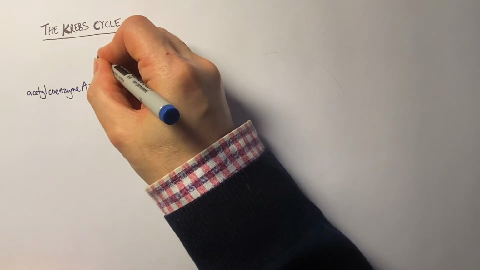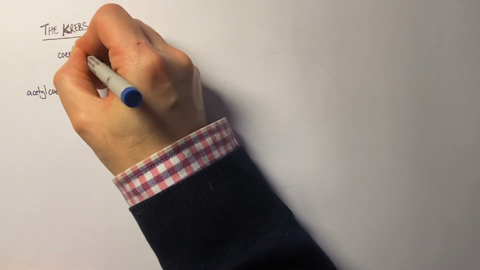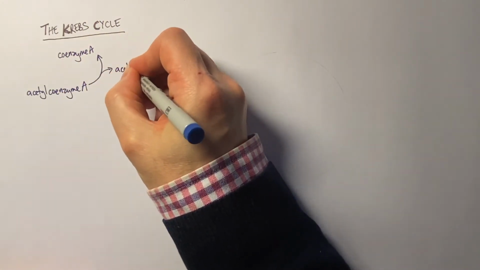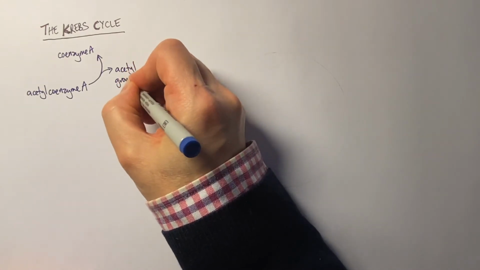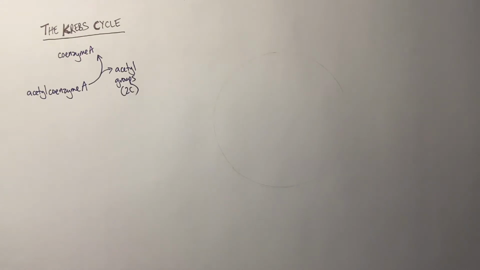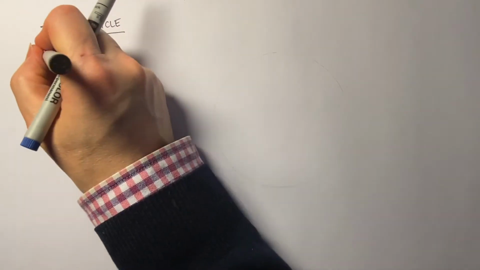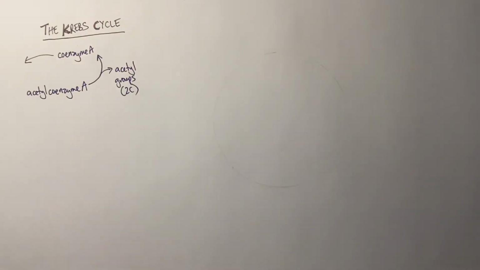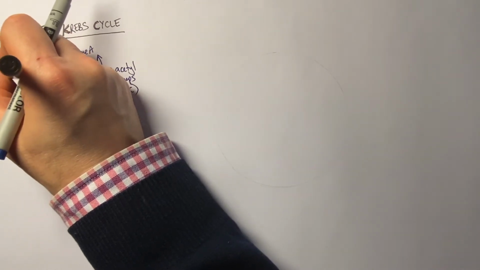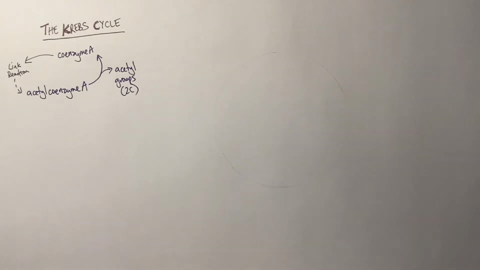This splits into coenzyme A and acetyl groups. Remember, these are two carbon molecules. The coenzyme A will then go back to the link reaction to be used again and pick up a new acetyl group.